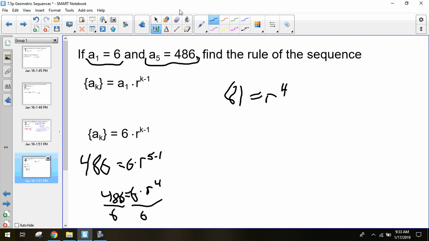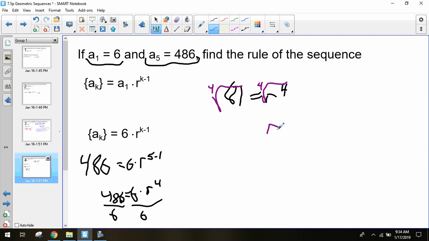From here, we just have to do that thing we did on the last one. If we're raising to the power of 4, we are going to take the 4th root. It's like the square root, except it has that special 4 on the outside. This represents what number times itself 4 times is 81. On your calculator, hit math once again, go down to number 5, the x root.